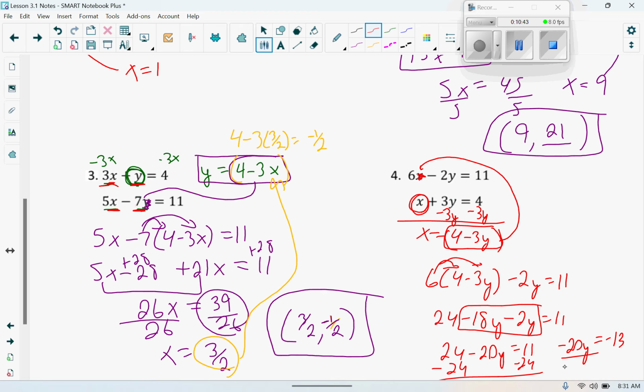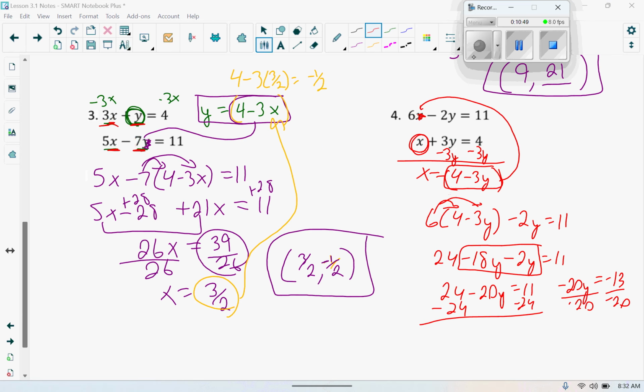Ugh, this is going to be a yucky one. And since 13 is prime, we can't simplify it at all. So I'm just going to have y is equal to 13 over 20. Okay, now I need to go in and plug this in for y, and I'm going to plug it in right here. That's the easiest place. You can plug it in wherever.